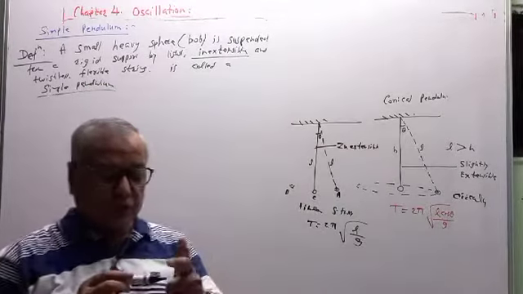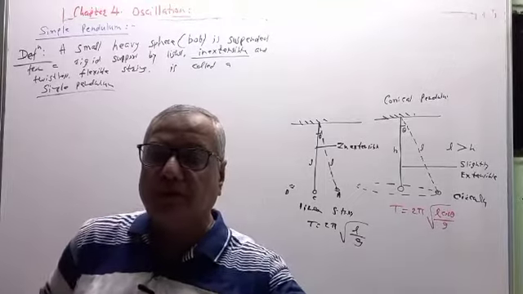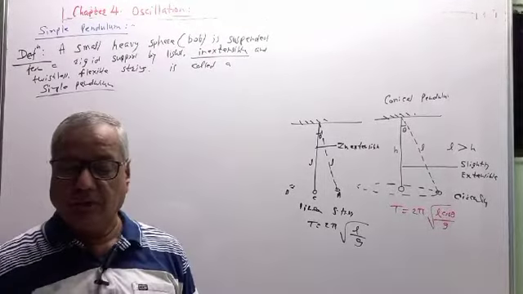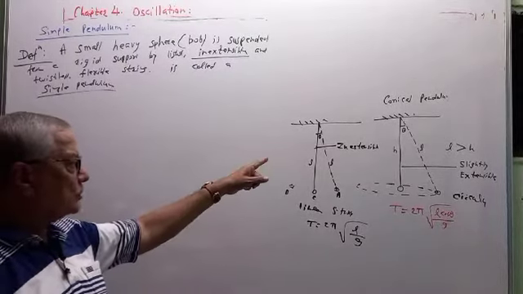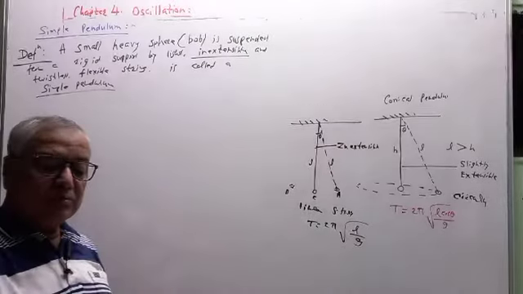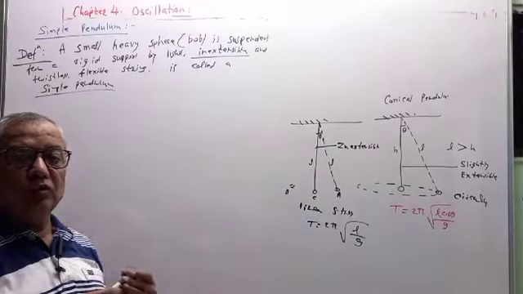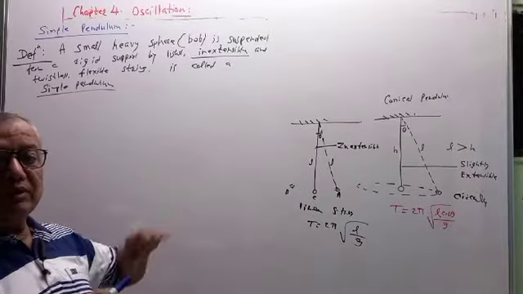Now we are going to show that the motion of the simple pendulum is linear SHM. When we show this motion is SHM, there is some condition, and that condition is also given in the question.